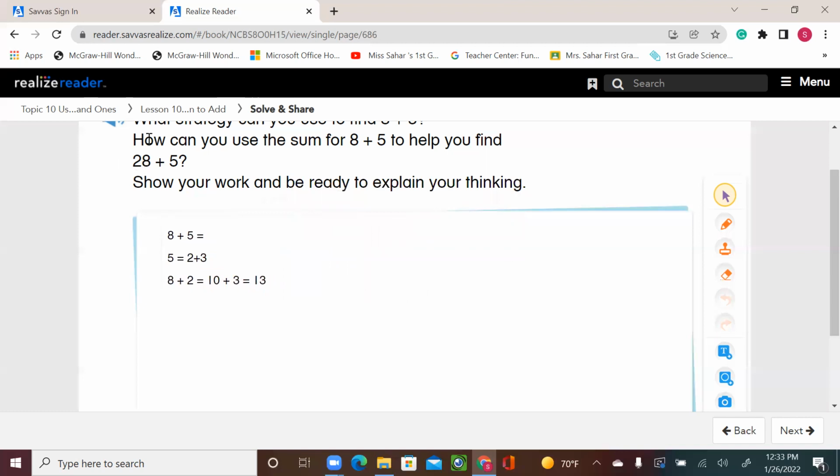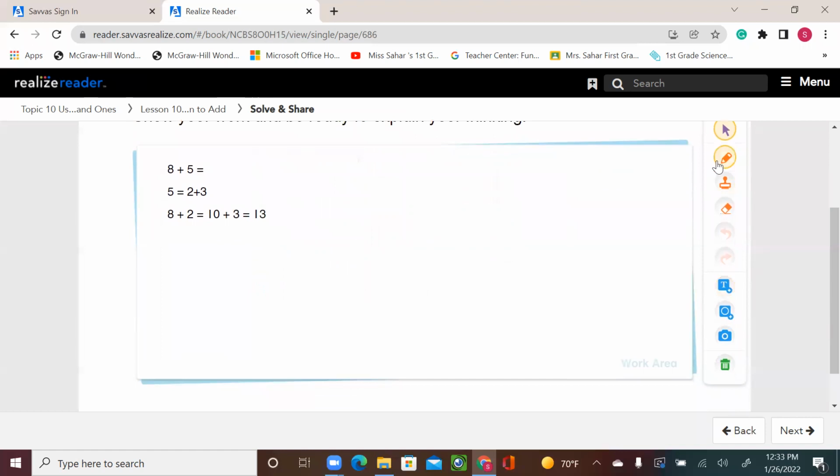Can I use this strategy to do 28 plus 5? Yeah, let's draw it. So 28 means 2 tens and 8 ones. 1, 2, 3, 4, 5, 6, 7, 8. 28.